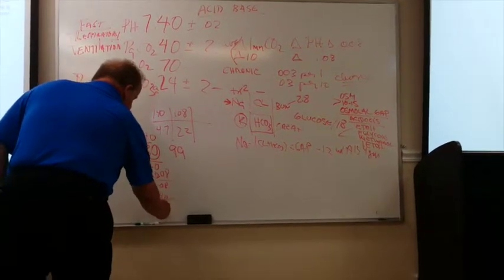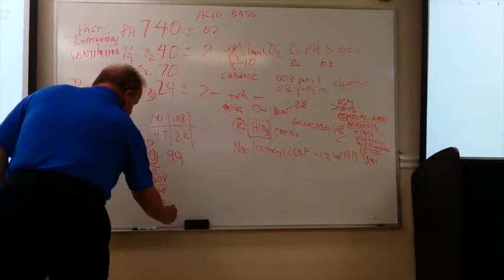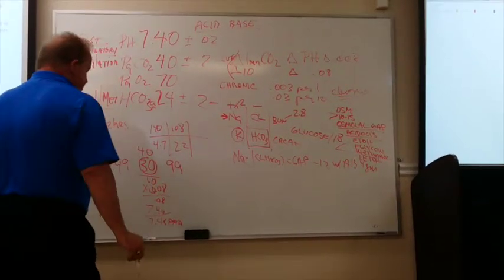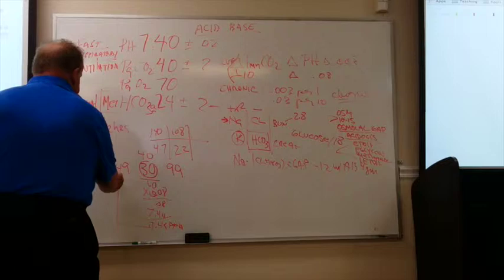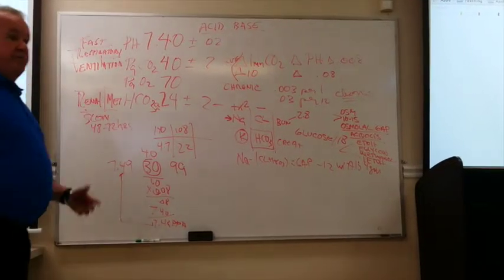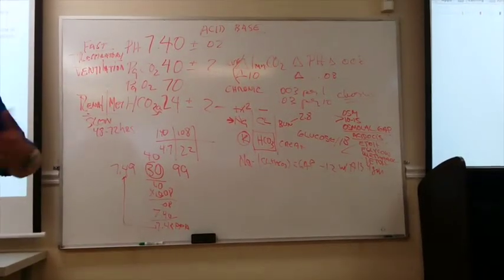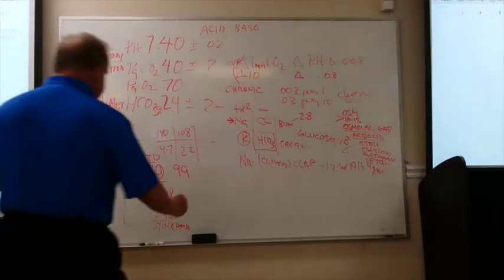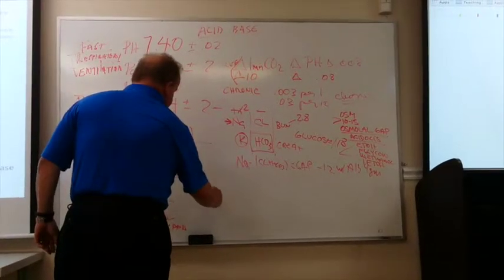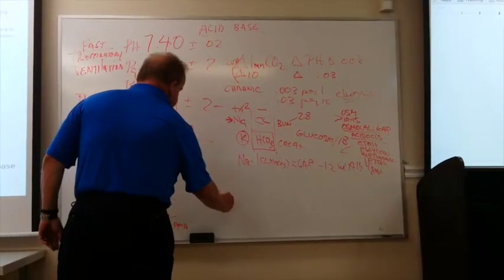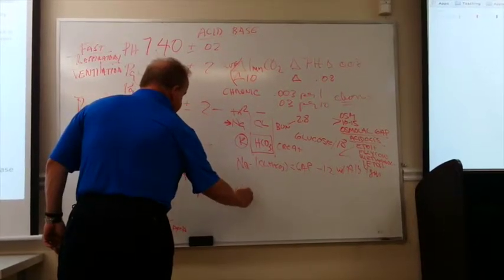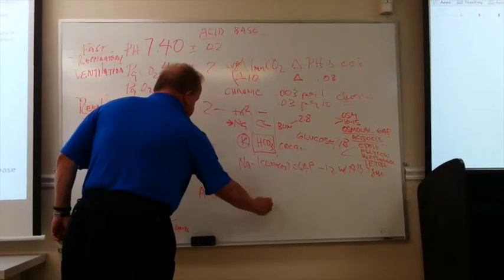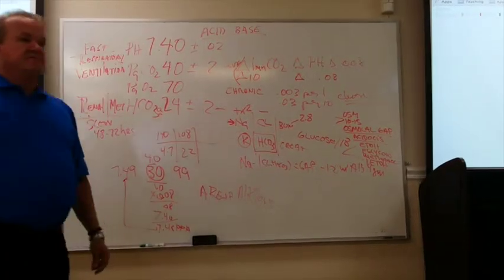So my predicted pH is 7.48. I now compare it to the actual pH, and within 0.01, 0.02, it matches, so I have an acute respiratory alkalosis. We good?